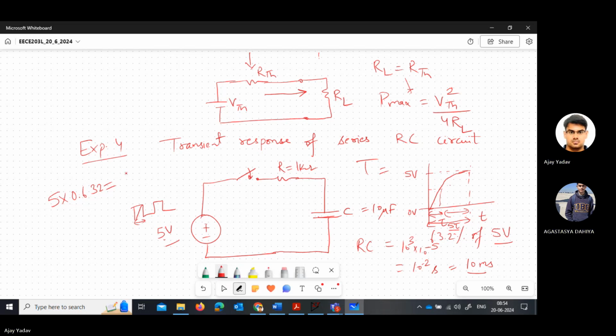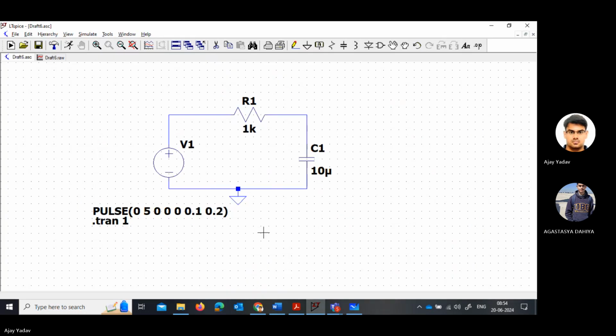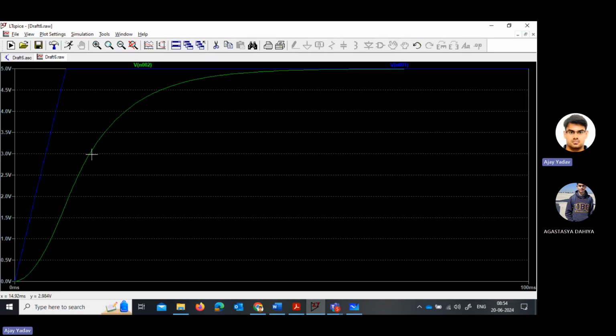So 3.16 corresponds to a point on the time axis. If you are in this plot at 3.16, you should be able to obtain the time here around 10 millisecond.